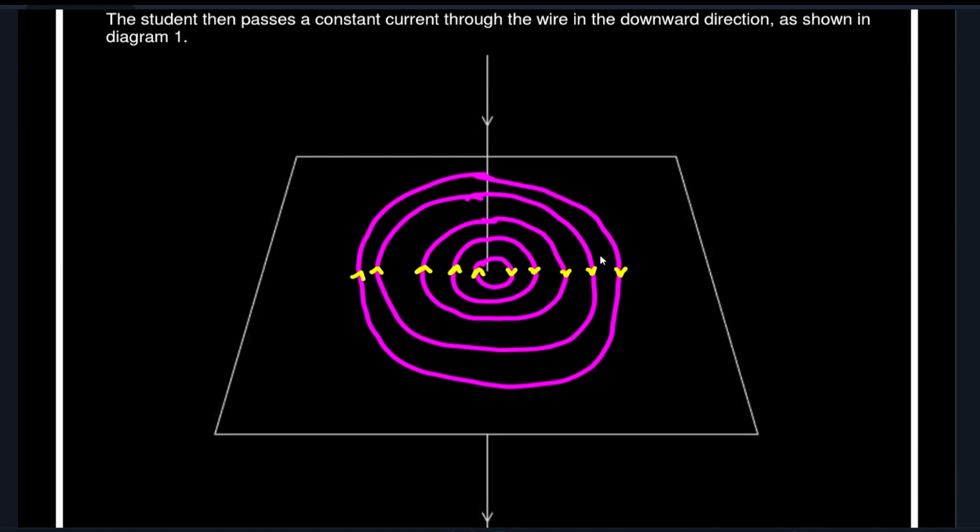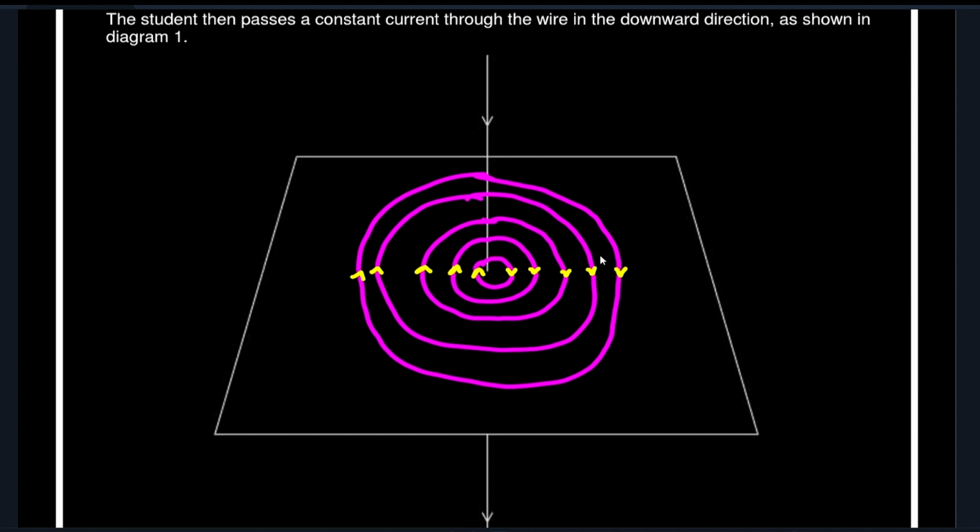When you use the right hand grip rule, you hold that wire in such a way that the thumb points to the direction where the current is going, and the other fingers running around the conductor will be pointing to the direction of the fields. So I think that is now clear according to the diagram.